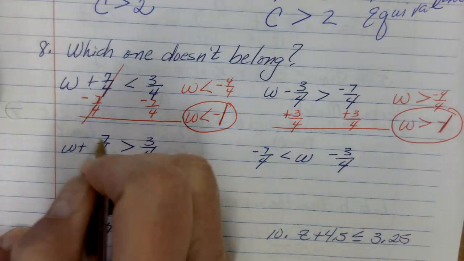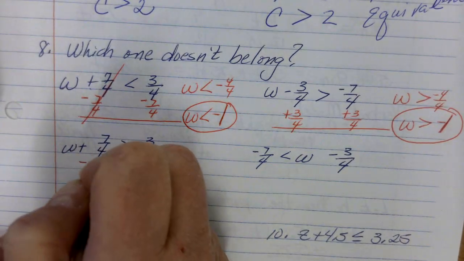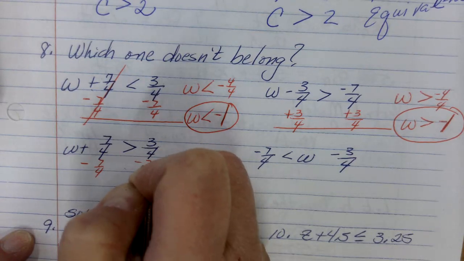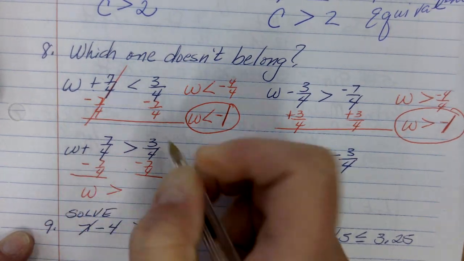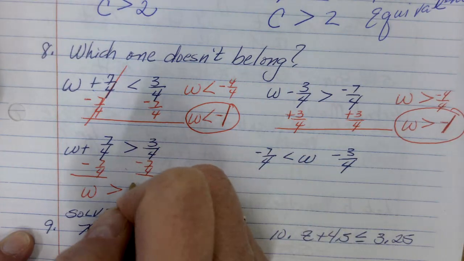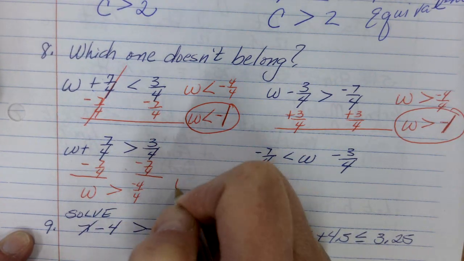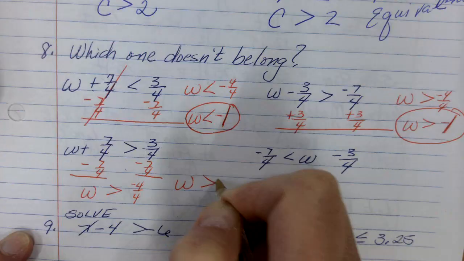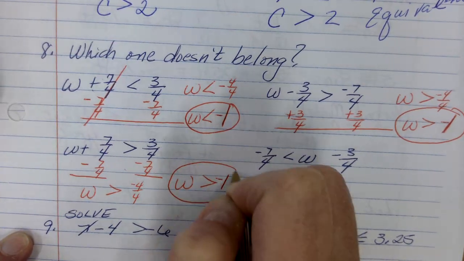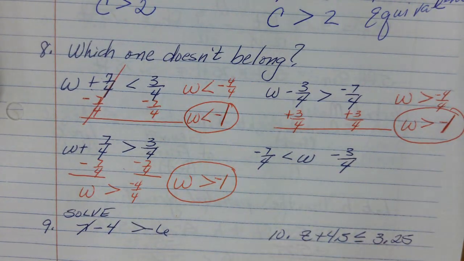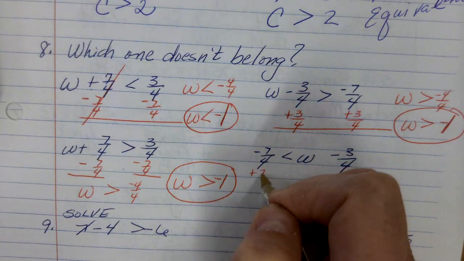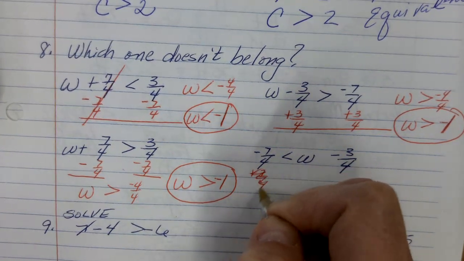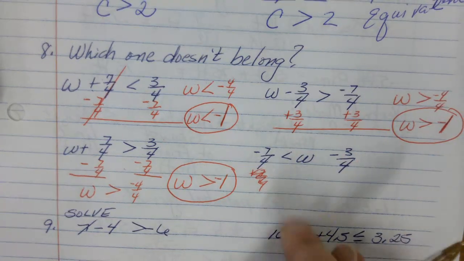All right, we're going to isolate the w by subtracting 7/4 from both sides. W is greater than 3 minus 7, which is negative 4/4, or w is greater than negative 1. All right, now we're going to add 3/4. Excuse me, I have this written in reverse here.